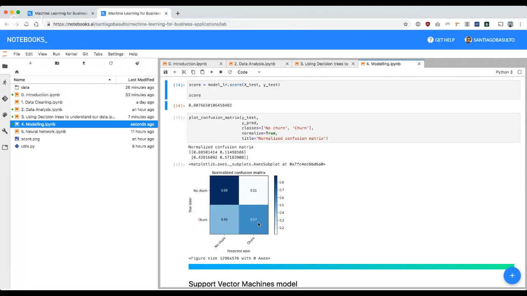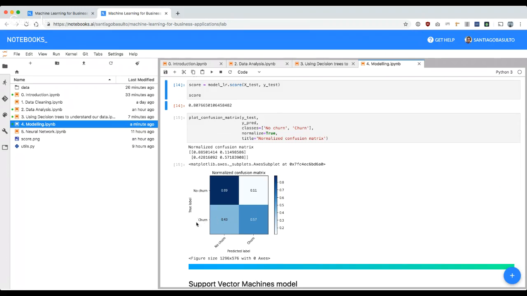In the other sector, we have churn, so we know for a fact that they left. And the ones that we predicted were going to leave are only 0.60. I don't know if it's good, it's bad, we did it well here, but then we have a very high number here because we predicted that they were not going to leave, but they ended up leaving.